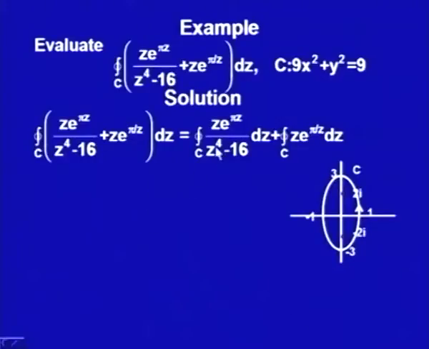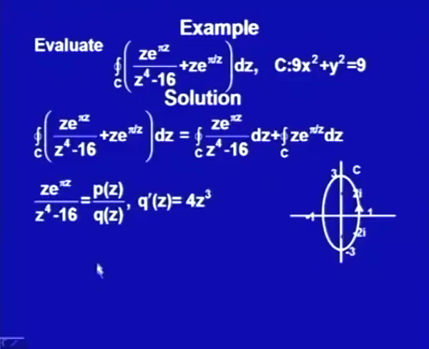Now, let us take the first one, z times e to the power pi z upon z to the power 4 minus 16. This is of the form p z upon q z. This would have singularities where z square is equal to plus minus 4.